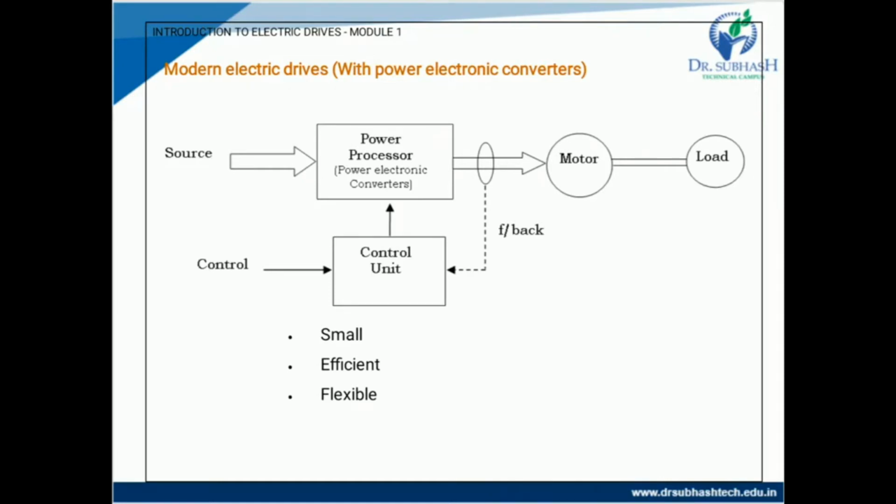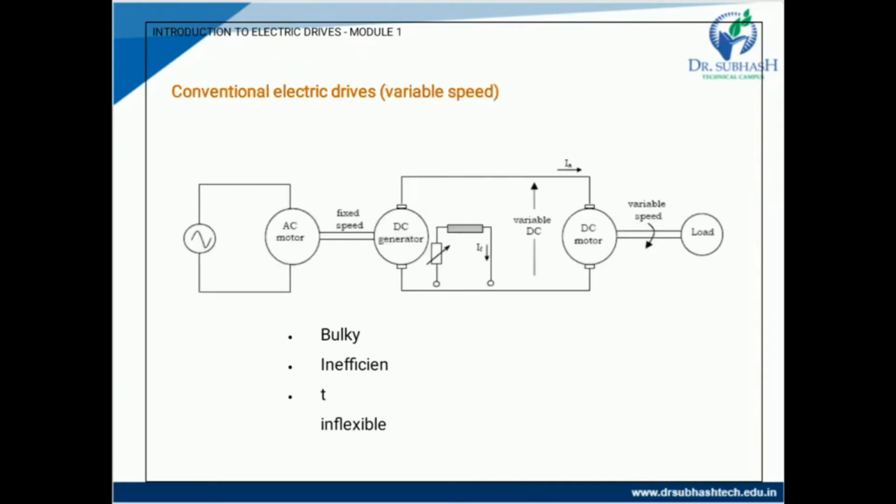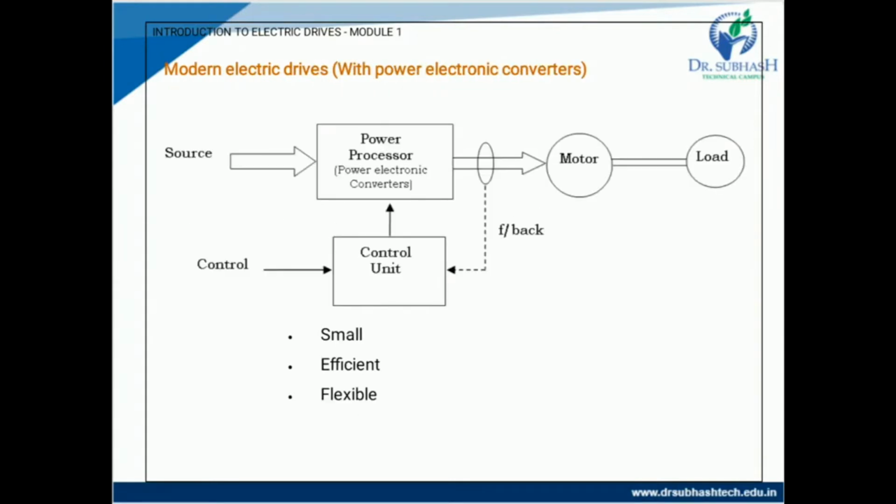After controlling the power electronics converter, its supply is given to the motor, and the variable speed is given to the load. So it is not very bulky, it is efficient, flexible, and small. The cost is also small, and the number of components is very much less compared to the conventional electric drive. So we can easily control the speed of the motor.